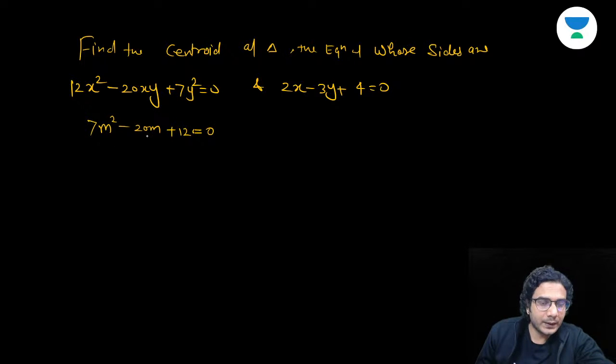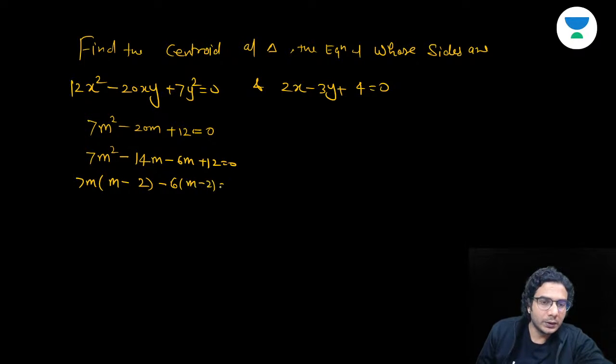How do you split 12 into 7 and 20? 14 and 6. Now there is 7m common, then m minus 2, and minus 6 common, m minus 2. So you will get one value of m as 2, another value as 6 by 7.